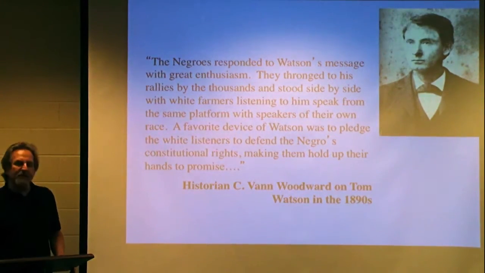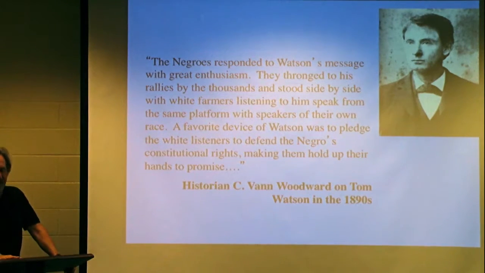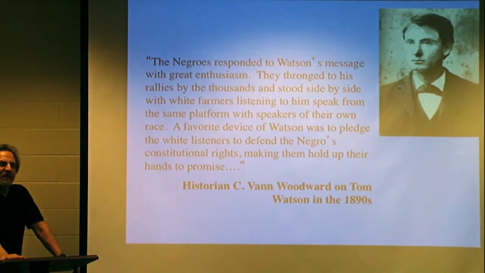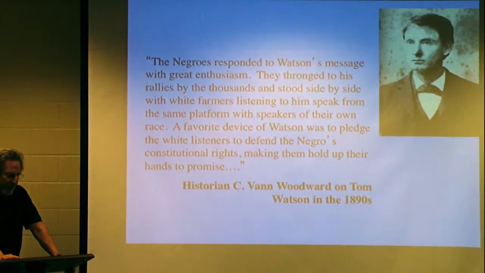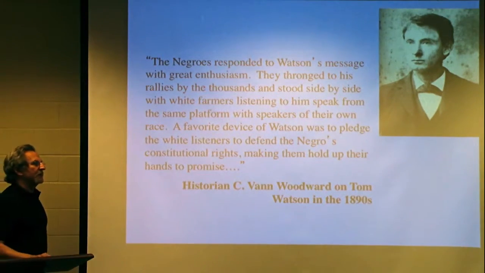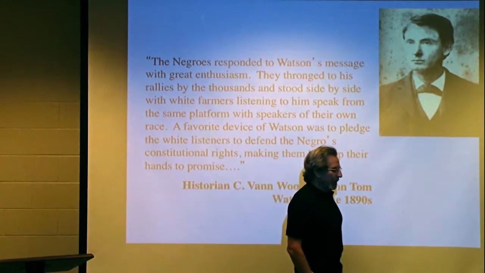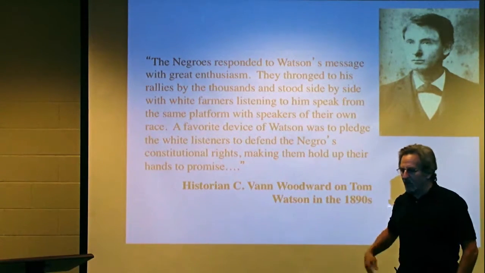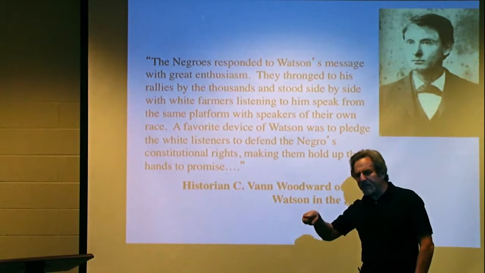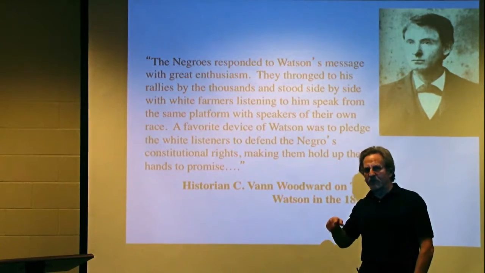Watson was elected to Congress in 1892, again in 1894, but in 1896, the landowners were able to scare the white farmers back into line. What they did was they accused Watson of fostering, quote-unquote, Negro domination in Georgia.